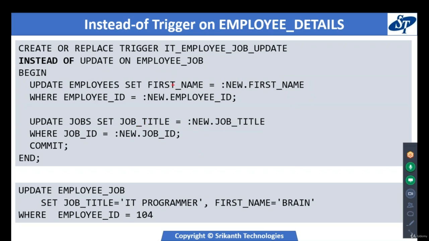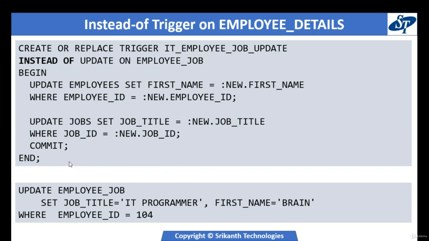So normally you cannot update jobs table using this view, but with the help of instead of trigger on employee job, I'm able to update both employee's first name and the job title. Job title is not updatable otherwise, but with the help of instead of trigger, we are able to do that. So this is the application of instead of trigger.